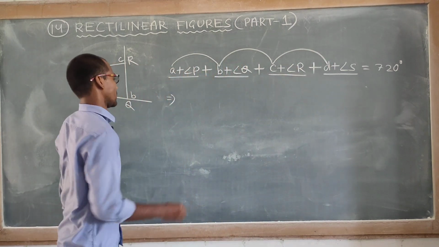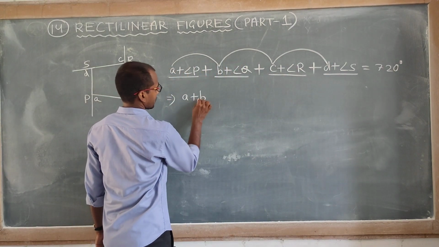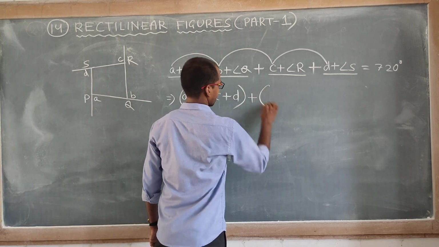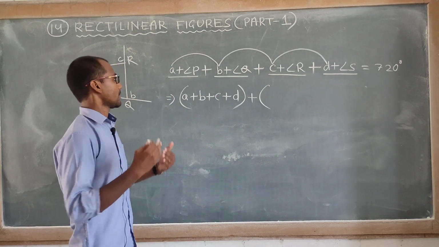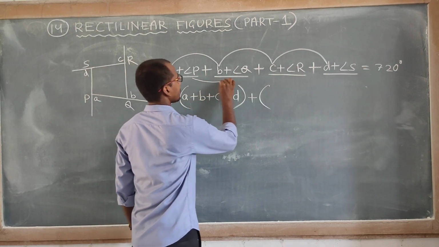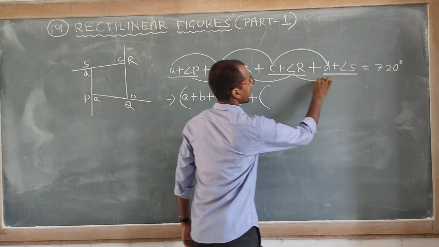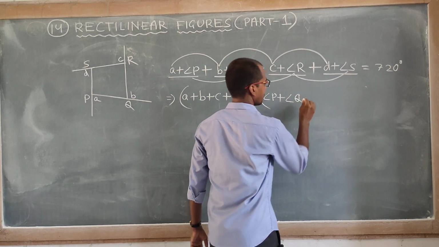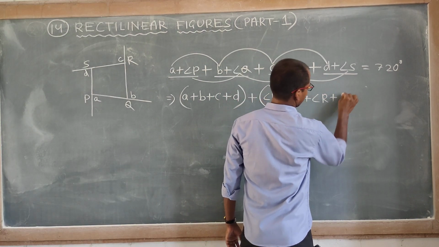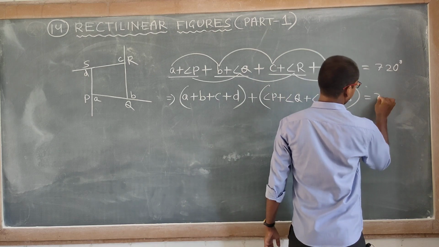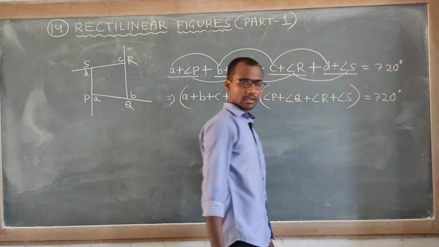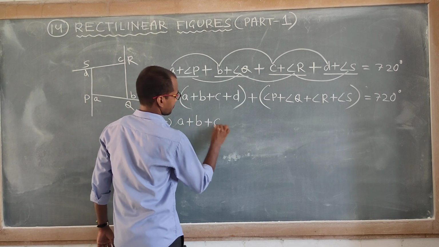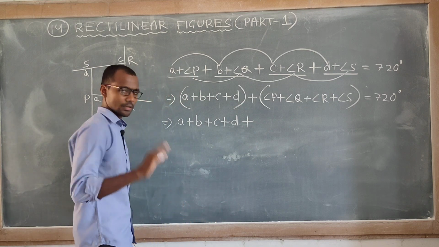Our target is A plus B plus C plus D. These have been separated. Now we will separate P, Q, R and S. So A plus B plus C plus D plus angle P plus angle Q plus angle R plus angle S is equal to 720 degrees.